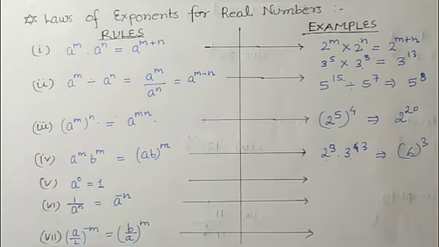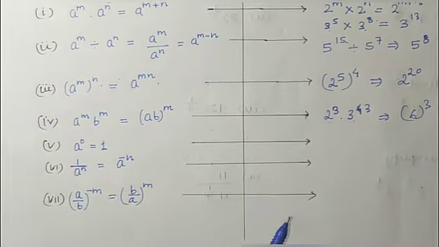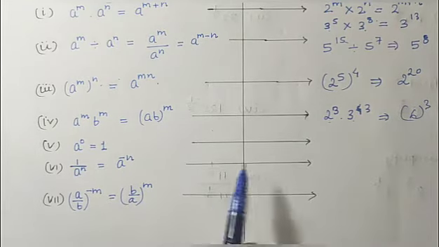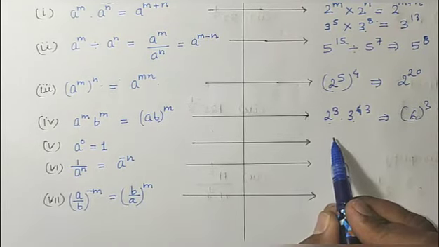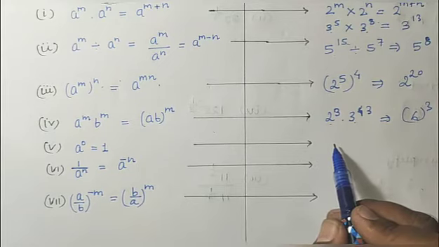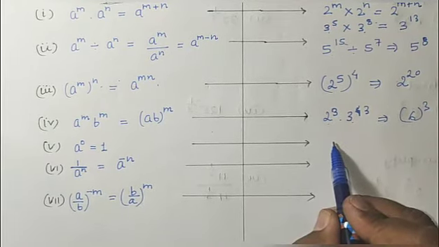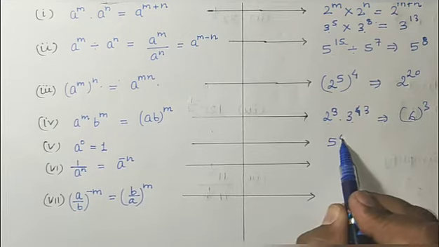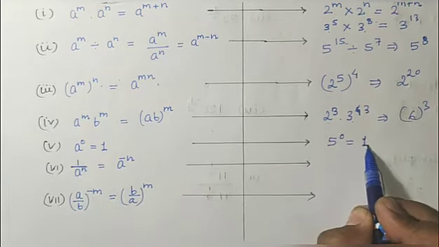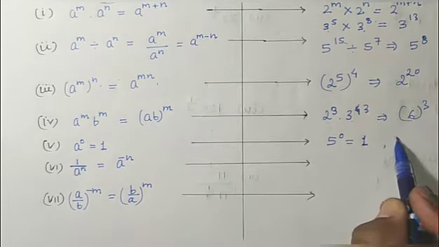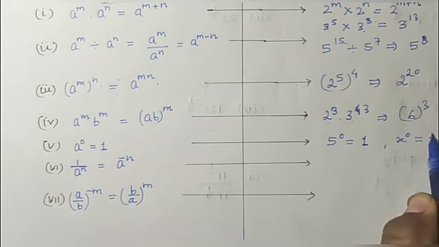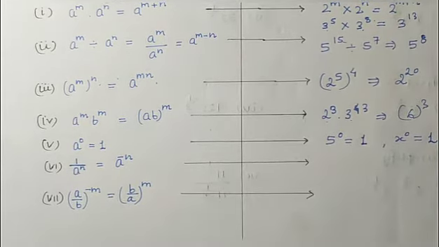See students, any number with power 0 will always be equal to 1, whether it is rational, irrational, or whatever the number is. Suppose 5 to the power 0, it will be 1. Any number x to the power 0 will always be equal to 1.